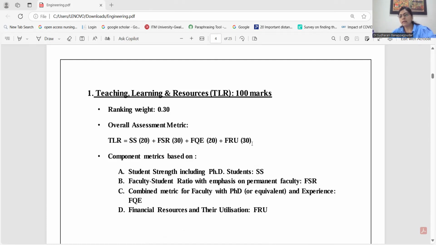Together it becomes the TLR, which has a weightage of 30.